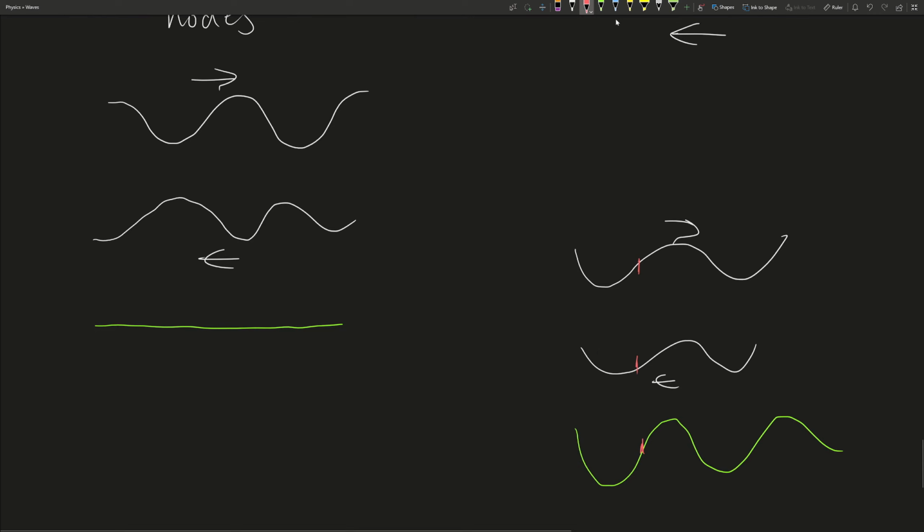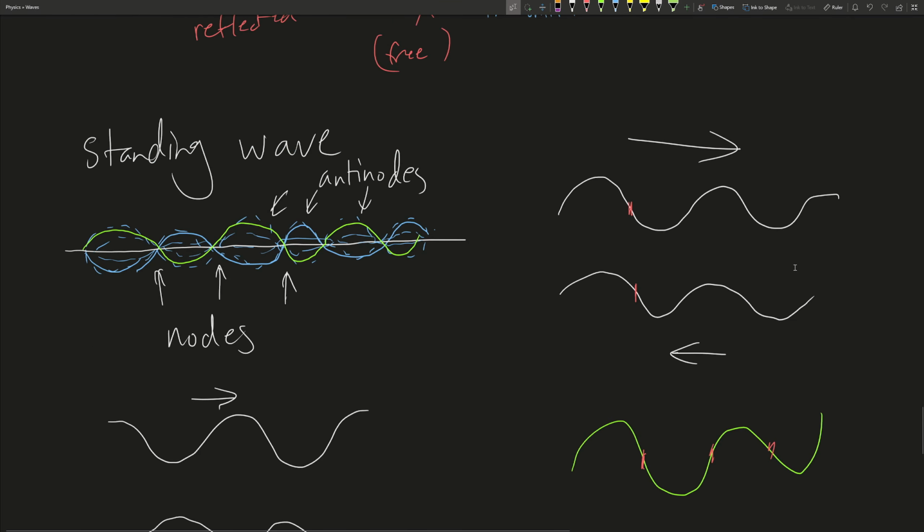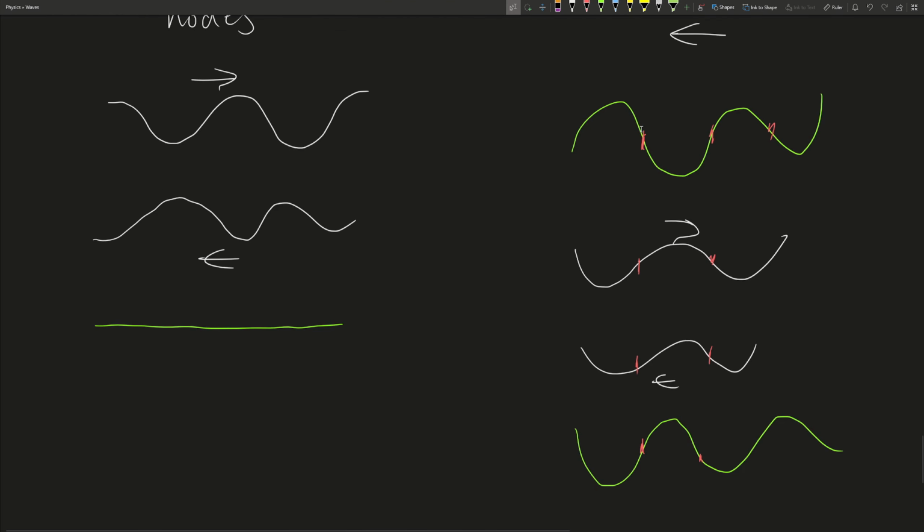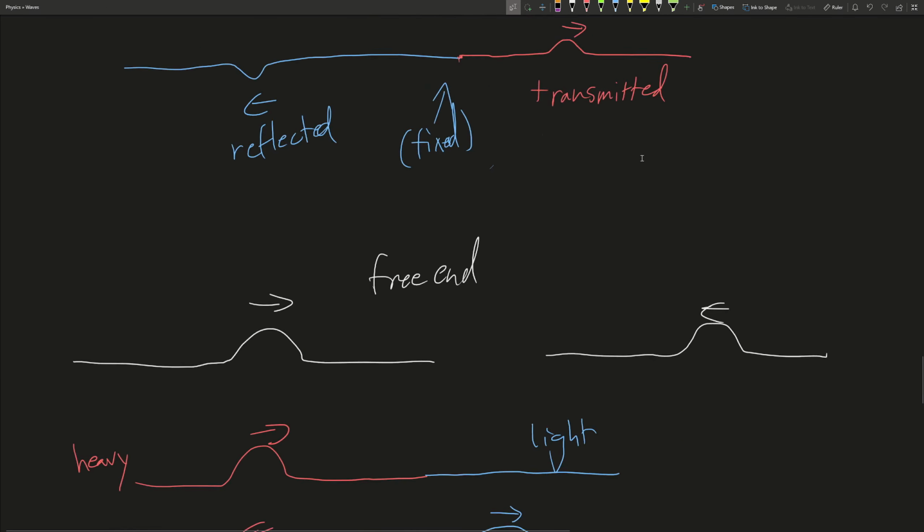Oh, I accidentally erased that. So these are always going to be zeros, or crossing the equilibrium position. And so these are where the nodes are, and these always experience destructive interference, where it cancels out.